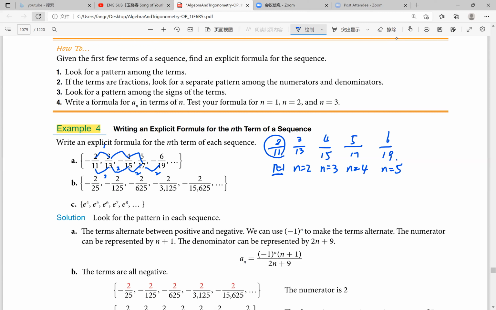So when n equals 1, it is 2/11. So a1 equals 2/11, a2 is 3/13. So how to write an?